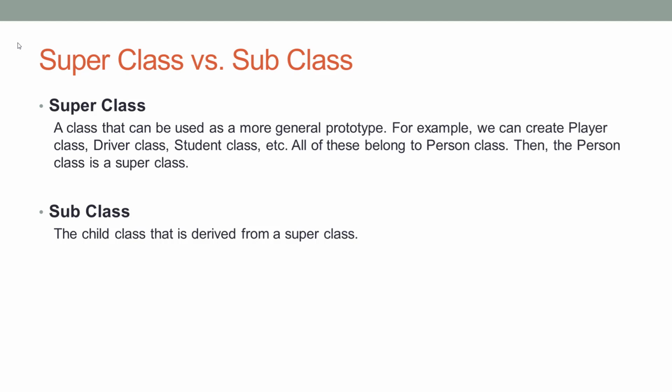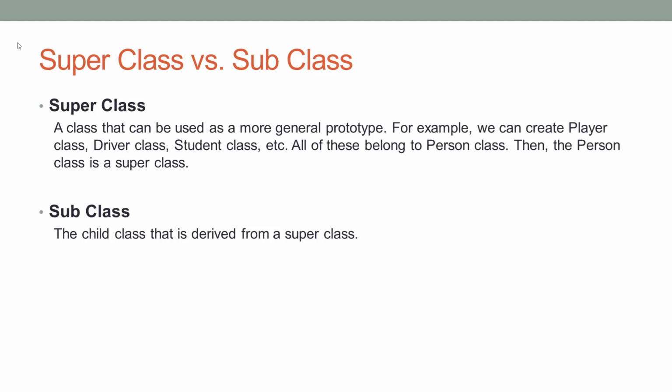But no matter which class we are talking about, a player, a driver, or a student, all of them should have a first name and last name as a human being. So we want to summarize these common features among classes a little bit more and create another prototype called a person.